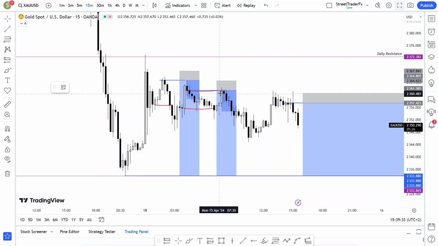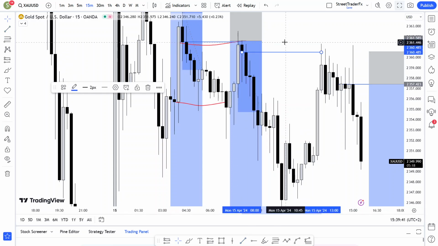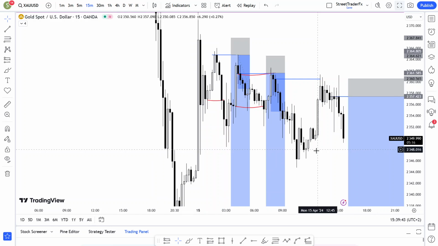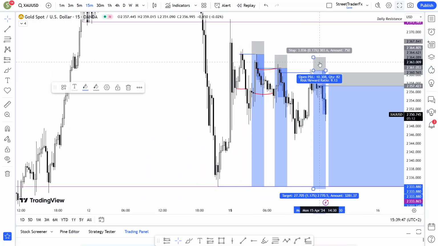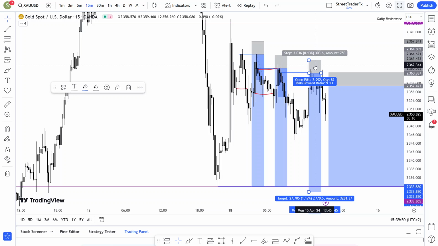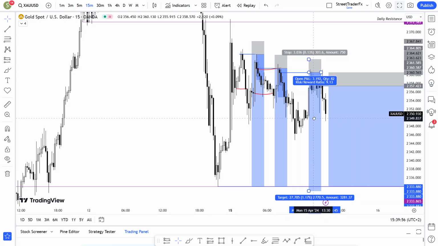Another area right here, let's just zoom in. You can see this buy and then sell has been tapped, so you would have just decided to use this open close, because you have to pick out the top two areas that you want to sell from. Just like that. Target right there.